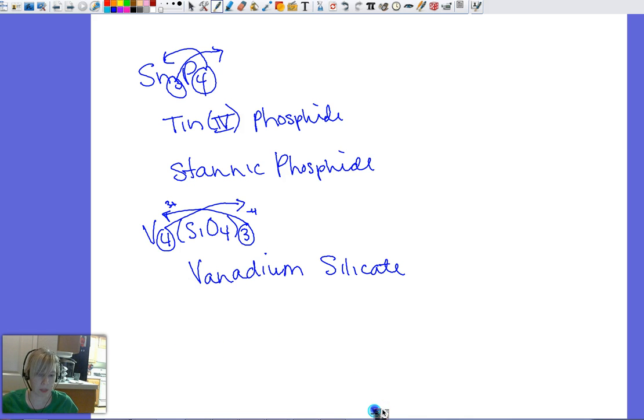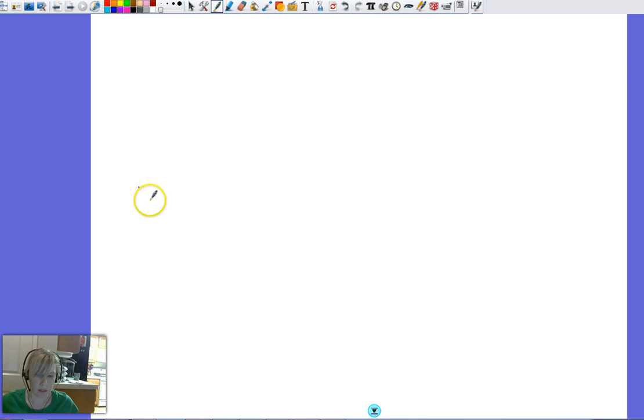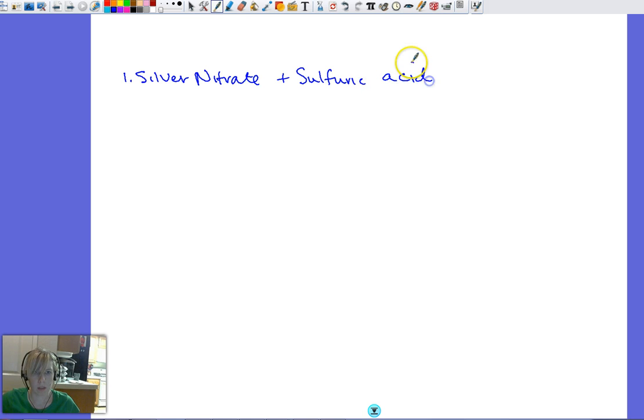For chemical equations, it says silver nitrate and sulfuric acid. So let's write these out. So silver is Ag plus 1, and nitrate is NO3 minus 1.